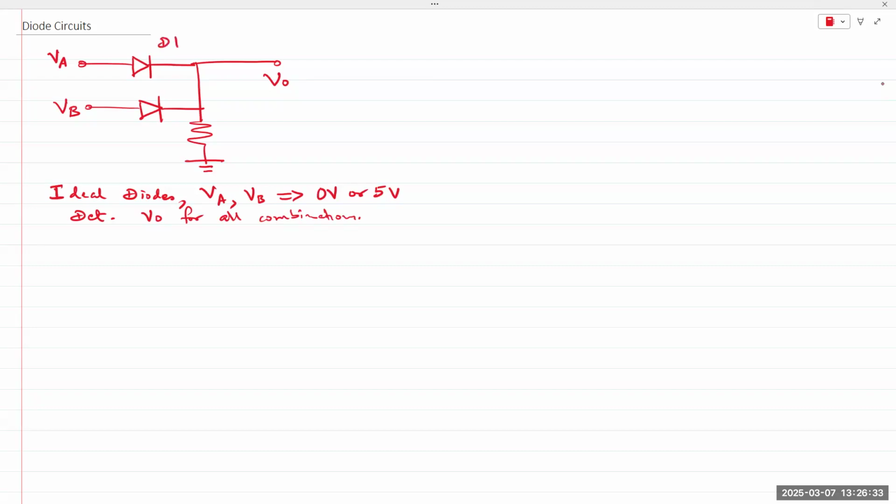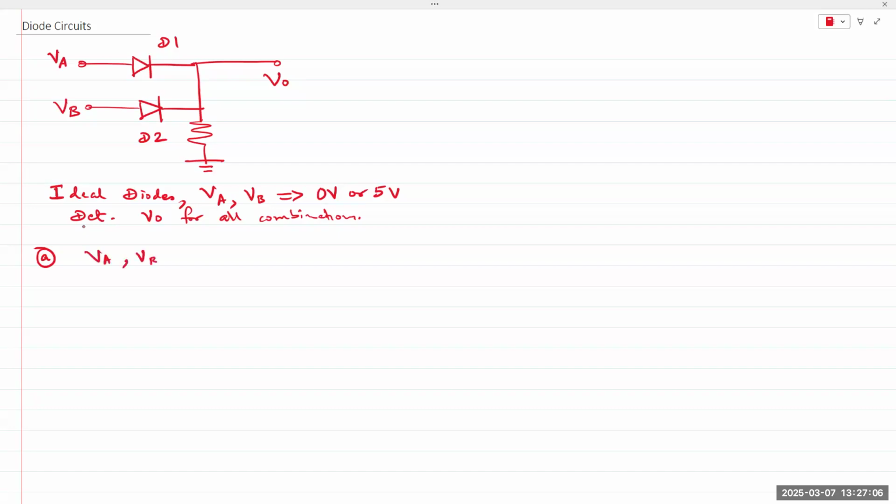These are diodes D1 and D2. So how many possible input combinations can we have? Four. So let's see.